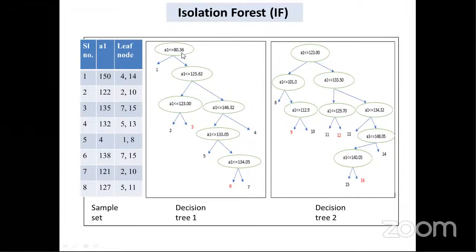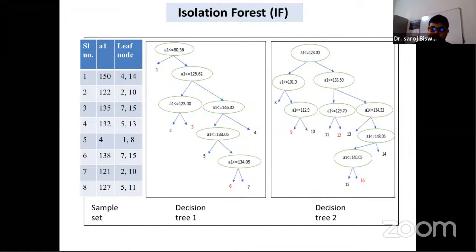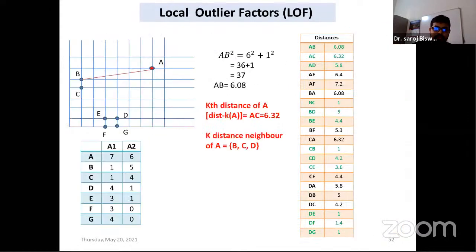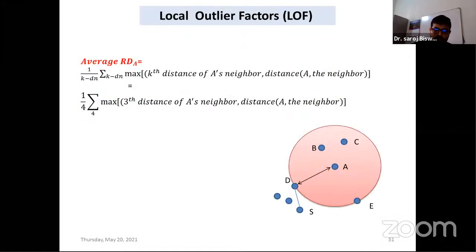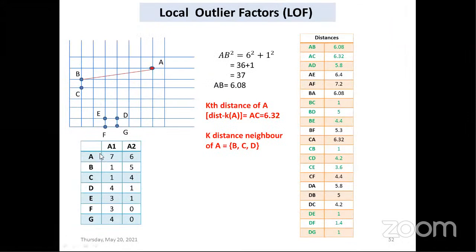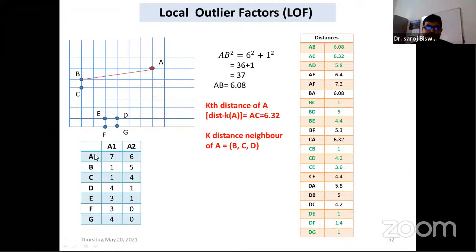There is a question here. What is multi-dimensional data in this? The data we talked about is multi-dimensional, because here one observation A is characterized by two attributes, these and these.